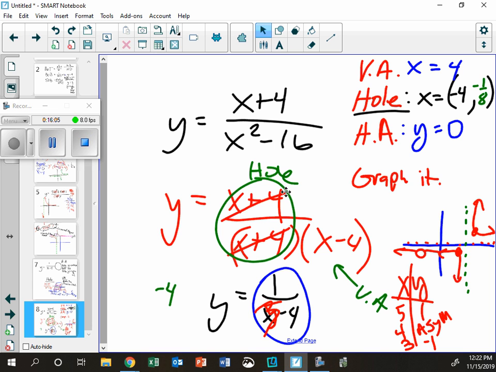So it is so easy to forget that there's a hole in the graph, and I know a lot of people will. One good thing is the math department talked about this, and we decided, even with our grading system, that you get one free mistake, and 75% of the hard one gets you an A. We still can do part credit for something like that, where you've done all the work. There was a ton of work. The verticals, the holes, the horizontal, and then you just forget it.